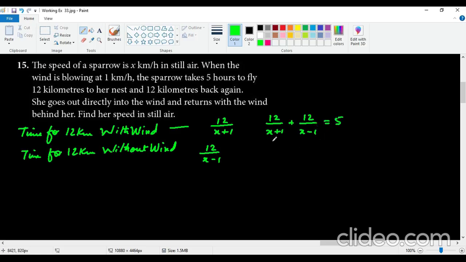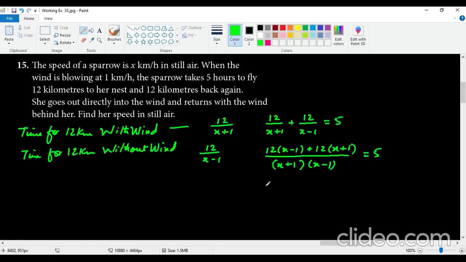So again here we cross multiply. This becomes 12 times x plus 1, and again 12 will multiply by x minus 1, and the denominator is going to be x plus 1 and x minus 1. As you can see, it is the difference of squares.